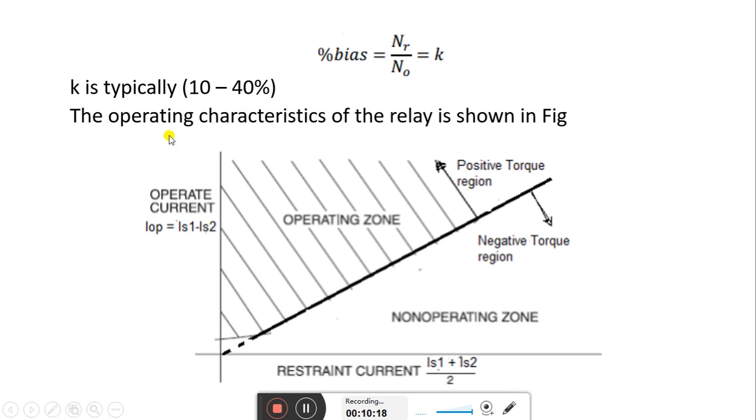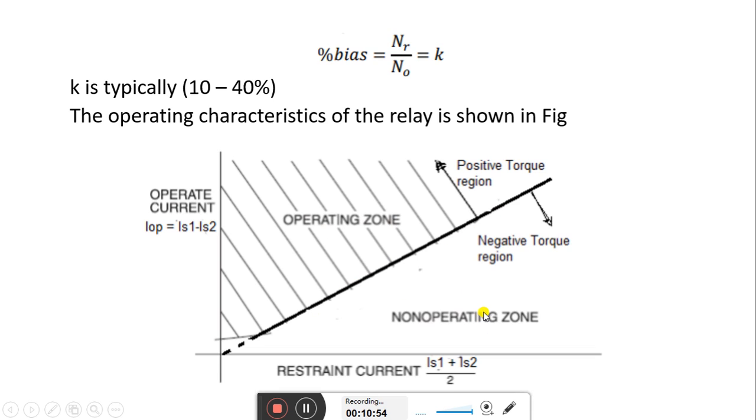So this is the operating characteristic of the relay which has been shown here. That is, current IOP is in the vertical direction and restraining current is in the horizontal direction, and this is the straight line which is passing through the origin. The dashed lines shown here are called the operating zone, and below this line, this portion is called the non-operating zone.